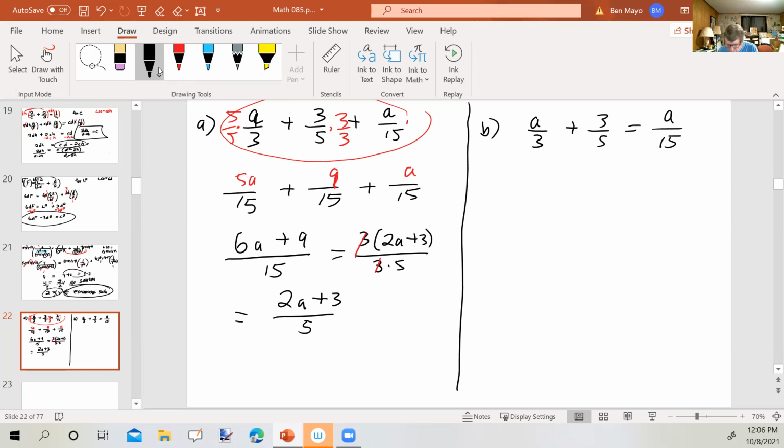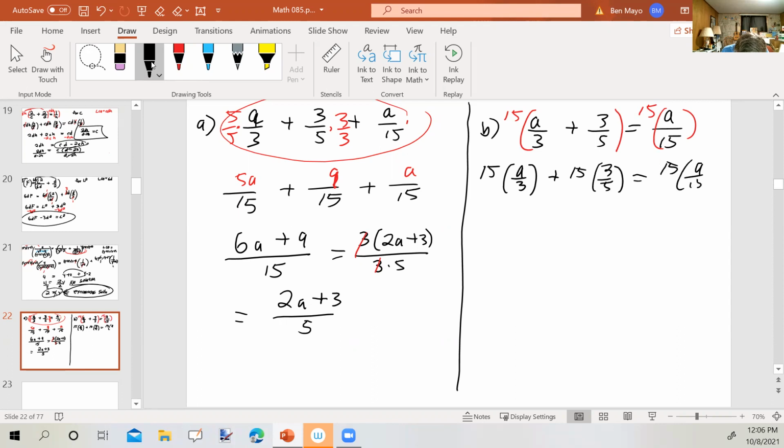Okay. Now, part B, this is an equation. I've still got that same LCD, which is 15, but here I can multiply both sides because we have both sides of an equal sign. Okay. So I've got 15 times a over 3 plus 15 times 3/5 equals 15 times a over 15. Distributing, multiplying. Let's see here, 15 over 3 is 5 over 1. So I have 5a. 15 over 5 is 3 over 1.